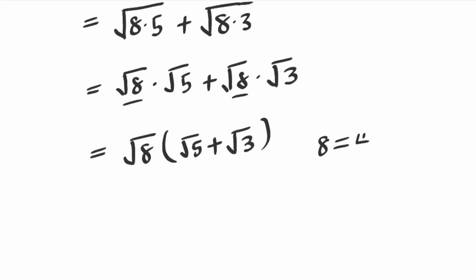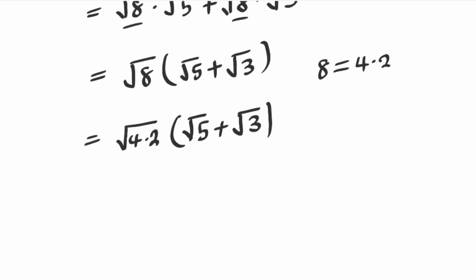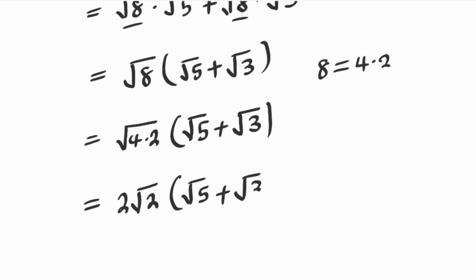8 is equal to 4 multiplied by 2. This is equal to square root of 4 multiplied by 2 bracket square root of 5 plus square root of 3. This is equal to square root of 4 is 2, then root 2 bracket square root of 5 plus square root of 3.